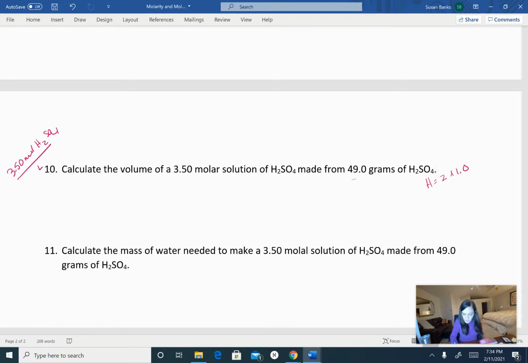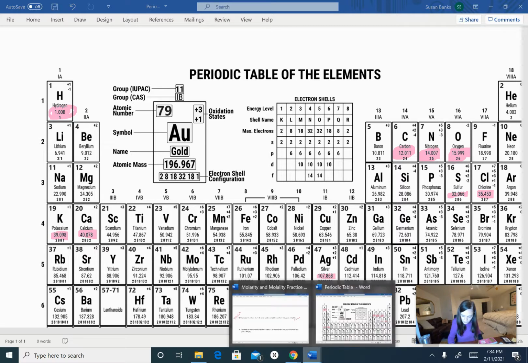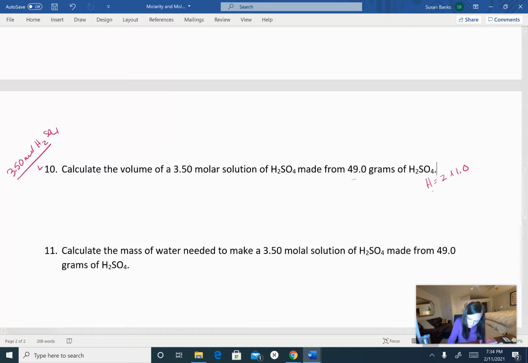We have not looked up sulfur yet today. So sulfur to the 10th is 32.1. And oxygen, we've already said is 16, and we've got 4 of them, 4 times 16. So when we add all of that up, we have a molar mass of 98.1 grams per mole that we're going to be able to use.